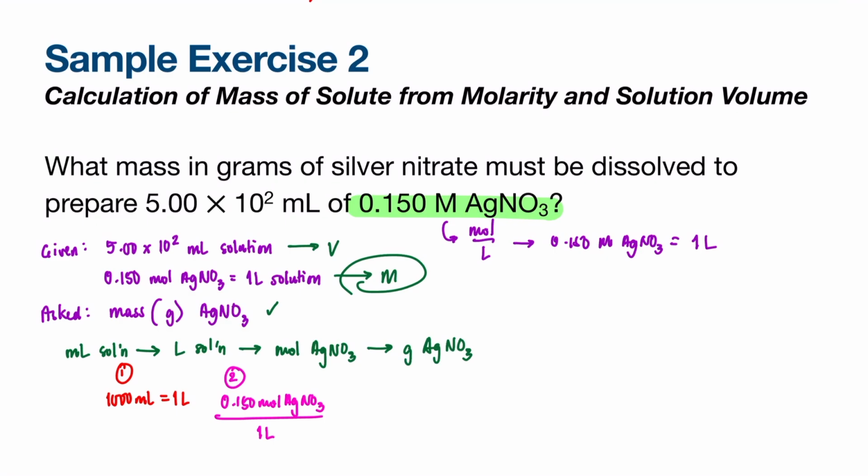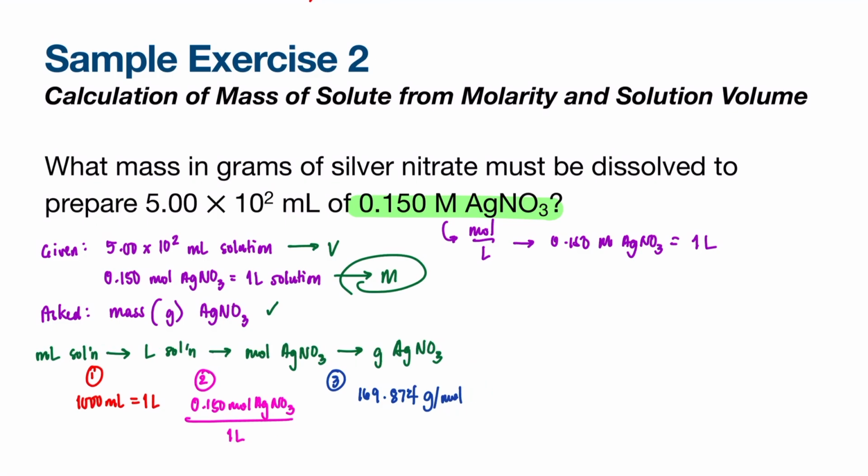And lastly, to convert moles of AgNO3 to grams of AgNO3, we will use the molar mass of silver nitrate, which is 169.874 grams per mole. Again, to convert from mL of solution to liters of solution, we will use the conversion factor 1000 mL per 1 liter.